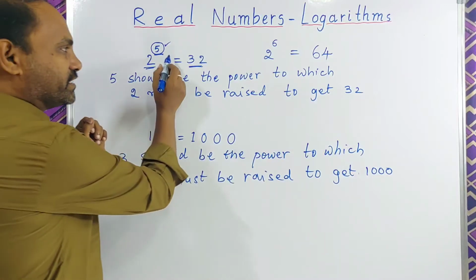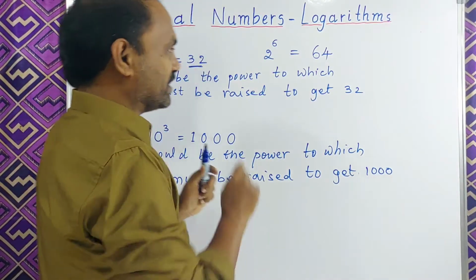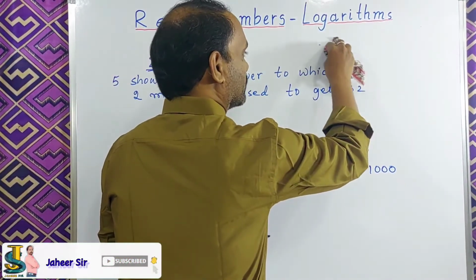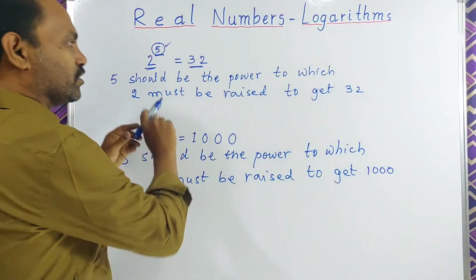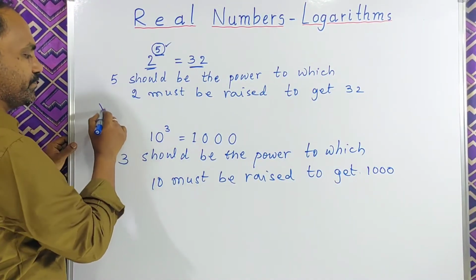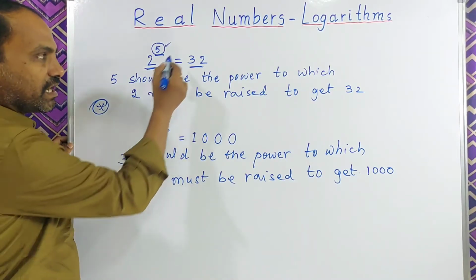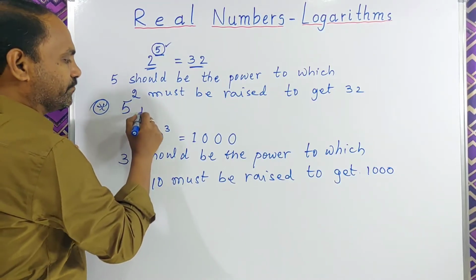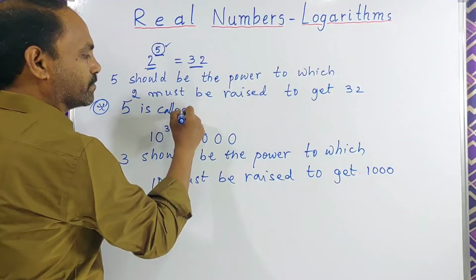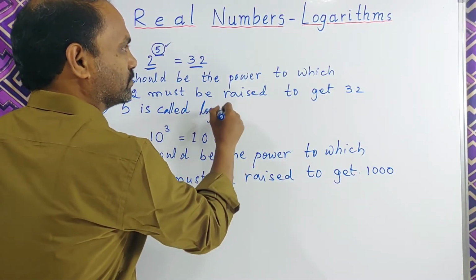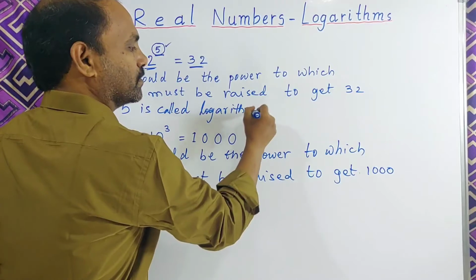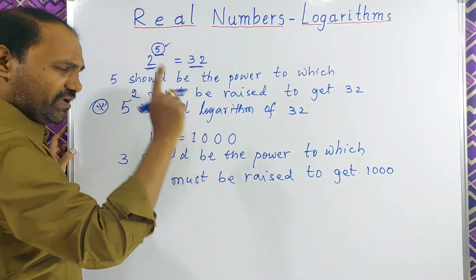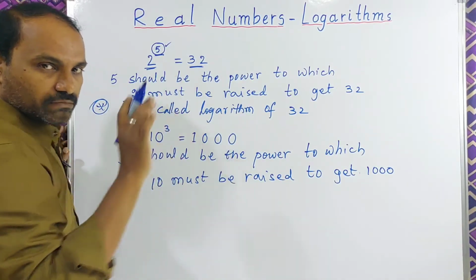Means when you write this in logarithmic form, here we should write 5. 5 is called the logarithm of 32. Remember that always this exponent only is the logarithm.